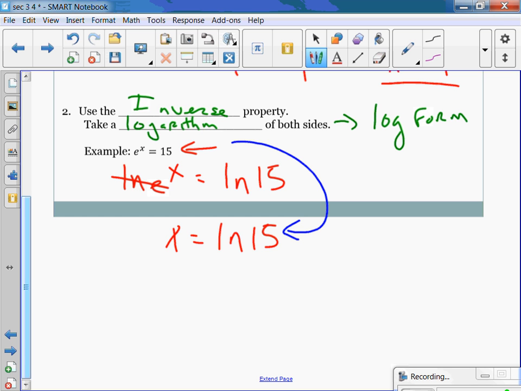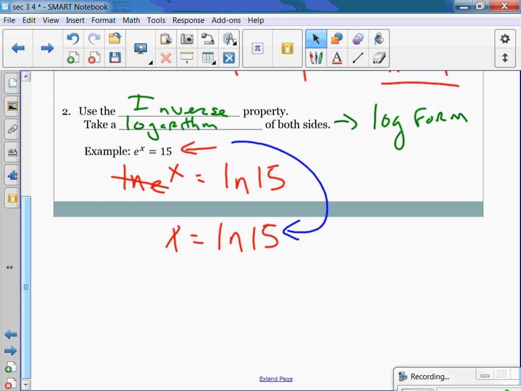By using the inverse property, taking the log of both sides, we're just writing it in log form. So e to the x equals 15 is our exponential form, and x equals natural log of 15 is our logarithm form.